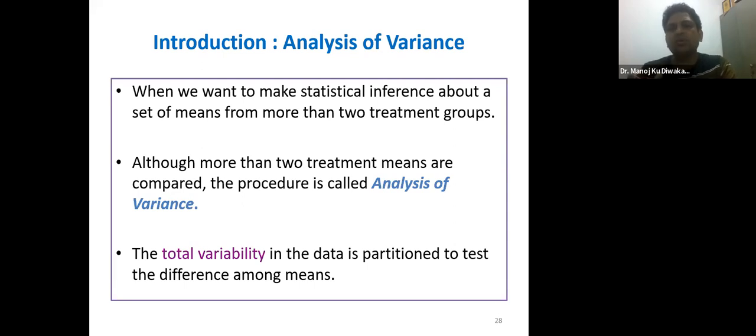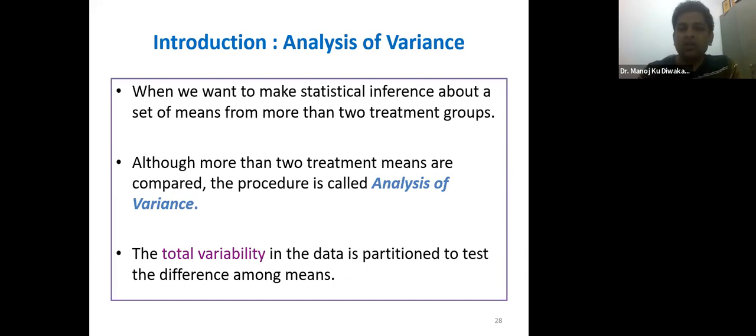So we talk about the analysis of variance. We use it when we want to make a statistical inference about a set of means from more than two treatment groups. Here the treatment groups are, for example, JNU, DU, and Jamia Millia Islamia.